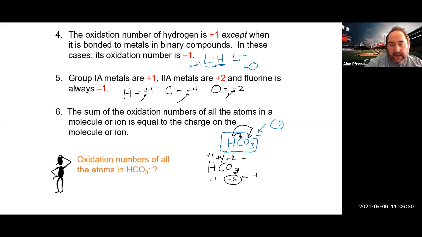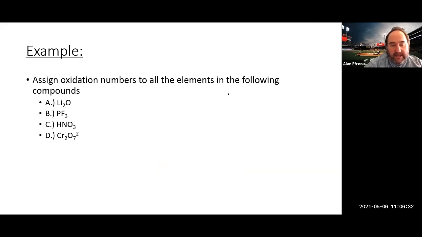All right, why don't you take a couple minutes here and identify the oxidation numbers for each of these compounds. We're getting to the end here. Let's take a peek and see how we're doing. First off, we've got lithium oxide.